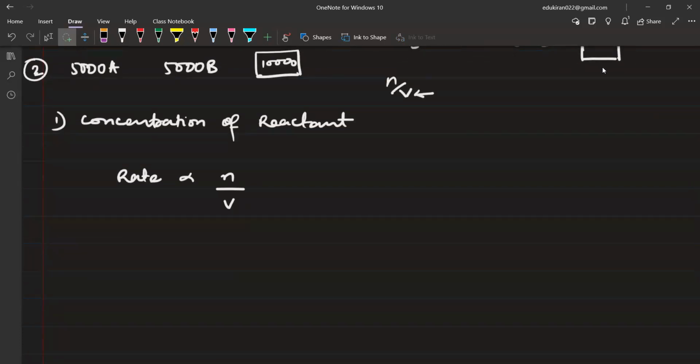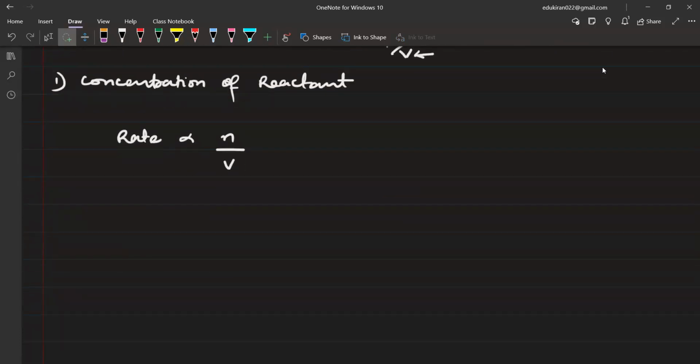The first thing is the concentration. Now, the mathematical expression in terms of concentration of reactant, which determines the rate of reaction, is called rate law expression. So what is rate law?